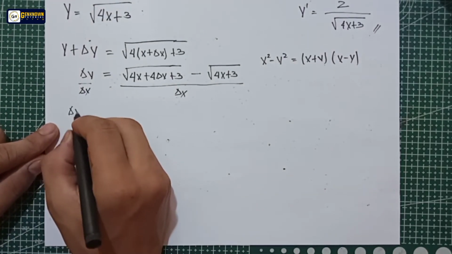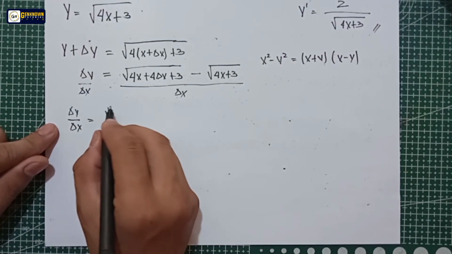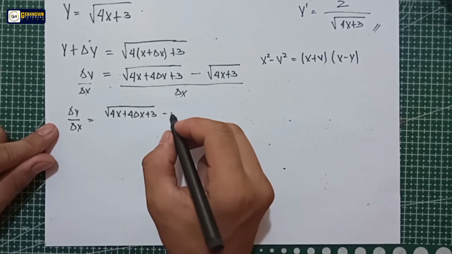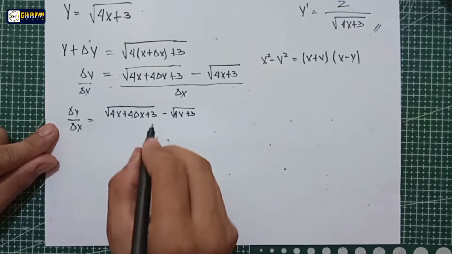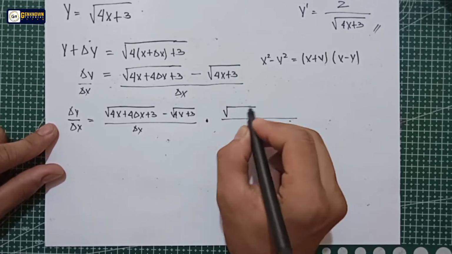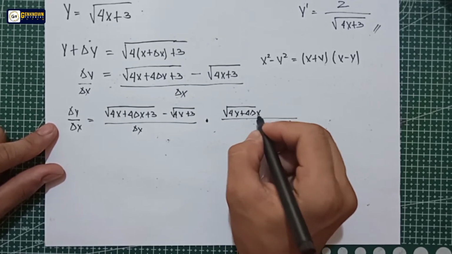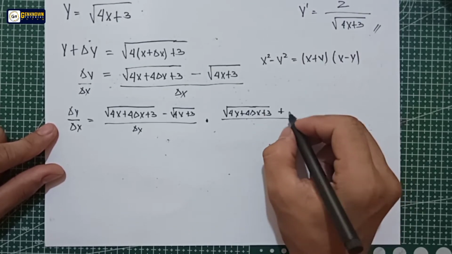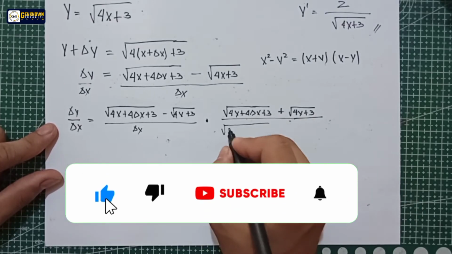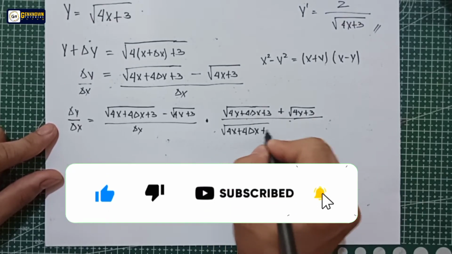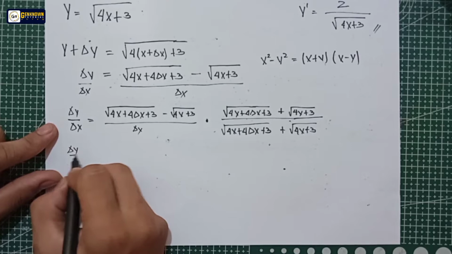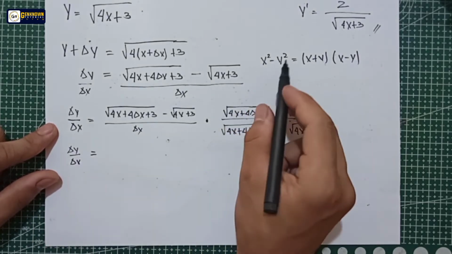So delta y over delta x is equal to the square root of 4x plus 4 delta x plus 3 minus the square root of 4x plus 3, all over delta x. Multiply by the square root of 4x plus 4 delta x plus 3 plus the square root of 4x plus 3, all over itself. So delta y over delta x is equal to x squared minus y squared.